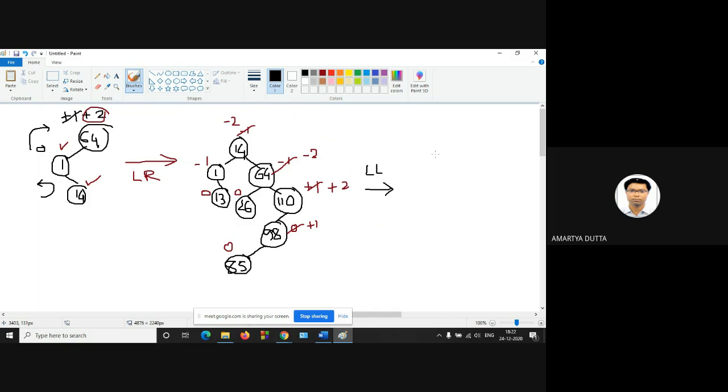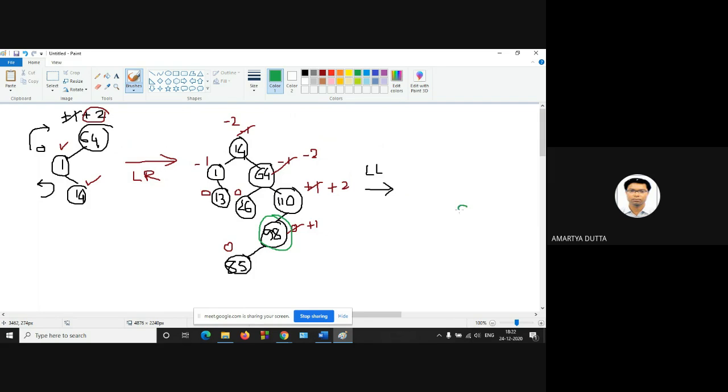Okay, if we apply the LL rotation, what is the scenario after the LL? LL means single rotation, and it is applied on 98.